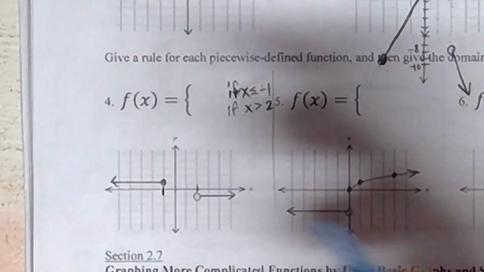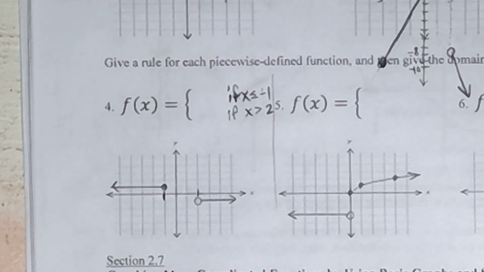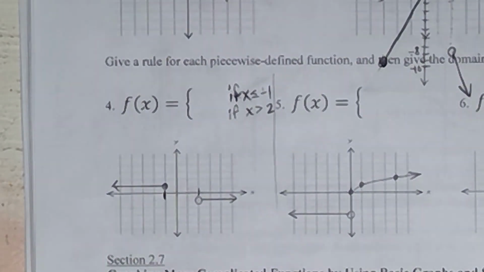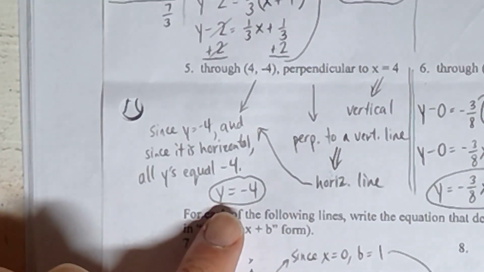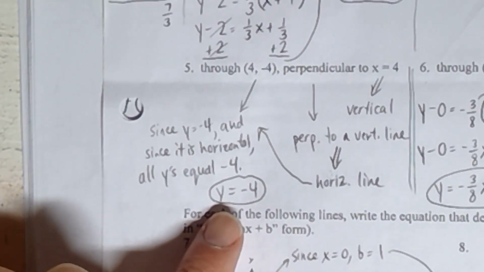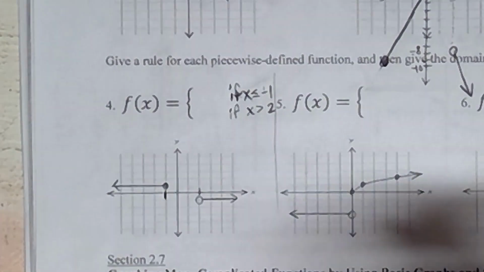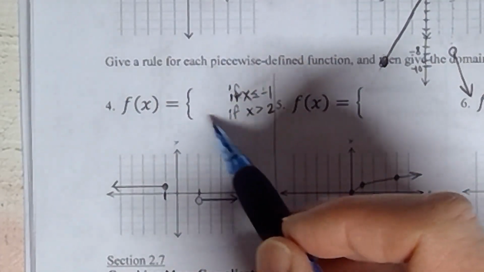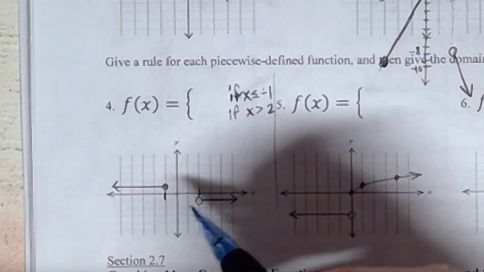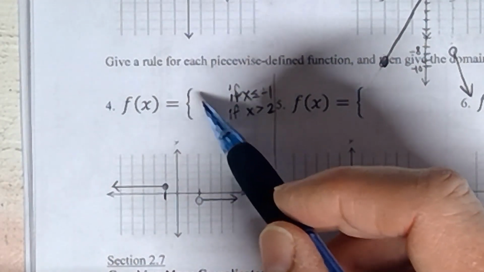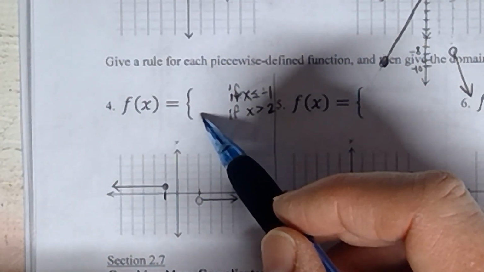Okay. Now, what are the formulas, though? Okay, well, as you guys know, horizontal lines, as we saw in the last section, are the ones where you just have y equal to something. Or in other words, f of x is equal to something, okay? And so since f of x is what these things are going to be equal to here, when you have a horizontal line, you're just going to have one of these constant numbers.